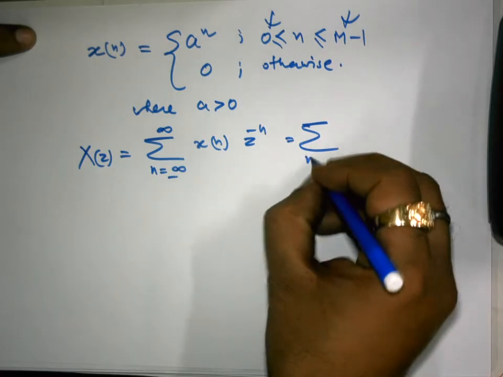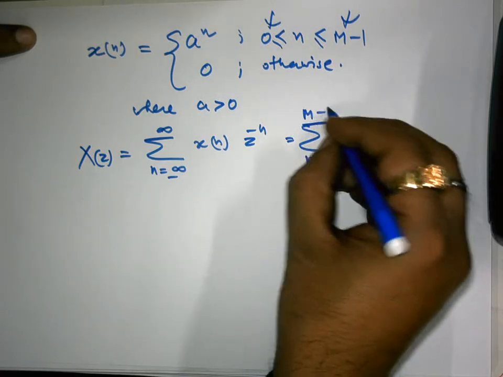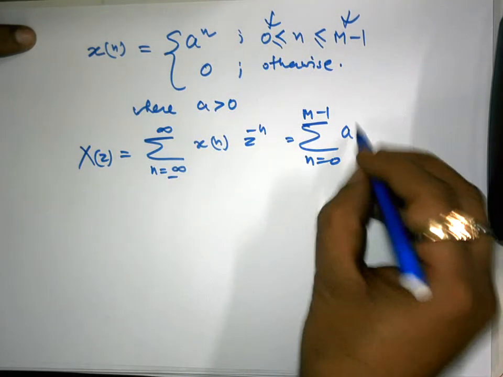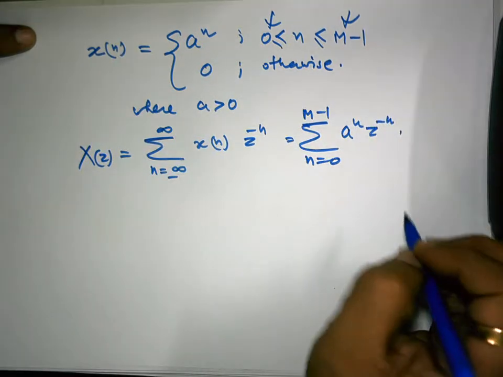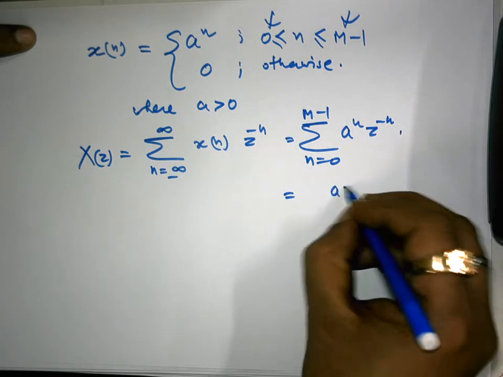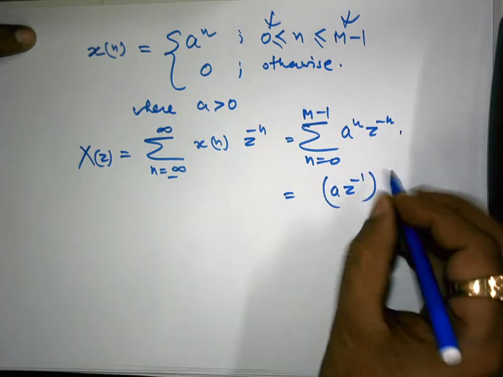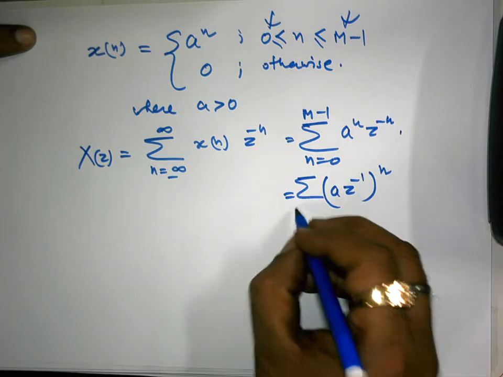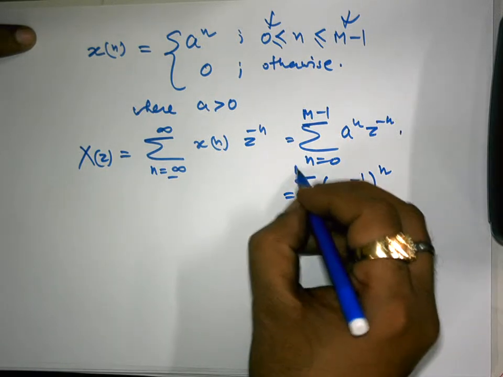So, n is equal to 0 to M minus 1, and there the signal value is a to the power n, z to the power minus n. Okay. And this happens to be (a z inverse) to the power n, and this summation has to go from n equal to 0 to M minus 1.